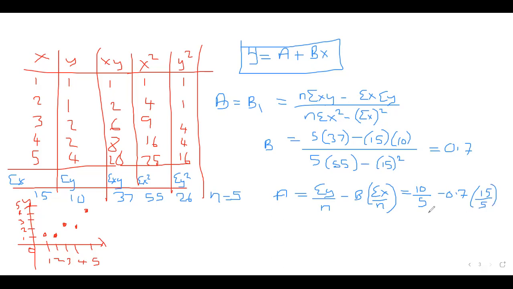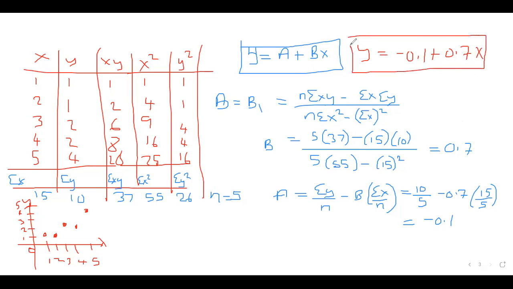Our a is going to be negative 0.1. So this gives you the regression equation: y is equal to negative 0.1 plus 0.7x. So just leave the x and the y alone, and substitute where the b and the a are. So this is 7 marks.